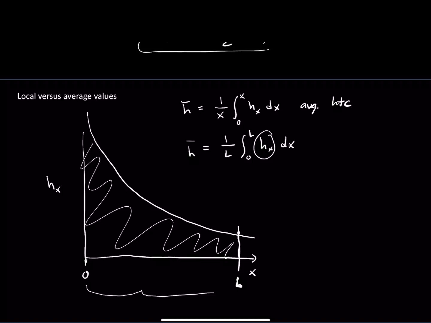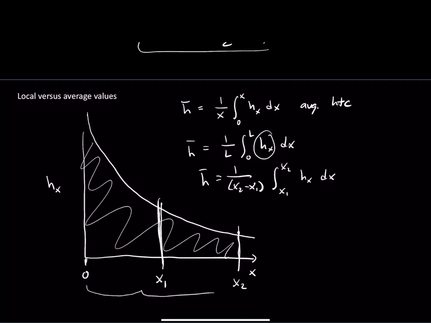If you wanted to estimate the heat transfer coefficient for just part of the array, say this is x1, and now instead of this being L, this is x2, we would write it the same way: h bar is equal to 1 over x2 minus x1, integral from x1 to x2 of hx dx. So those are some different approaches to computing the average heat transfer coefficient.